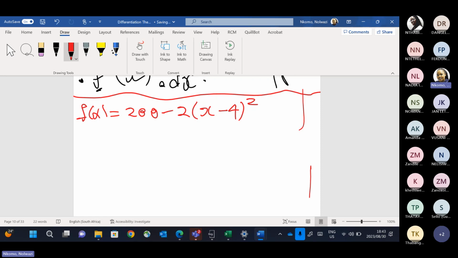Let's say the question says, find the turning point and the nature of the turning point, right?